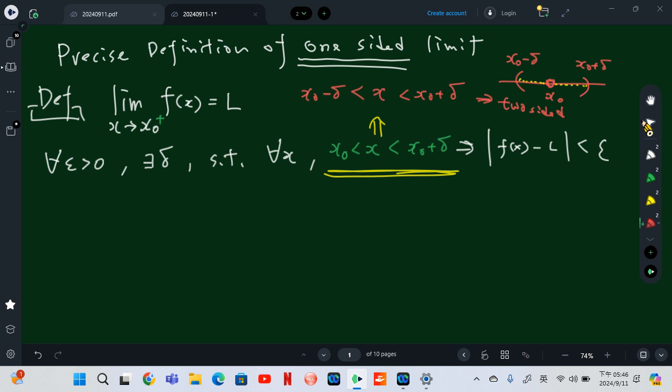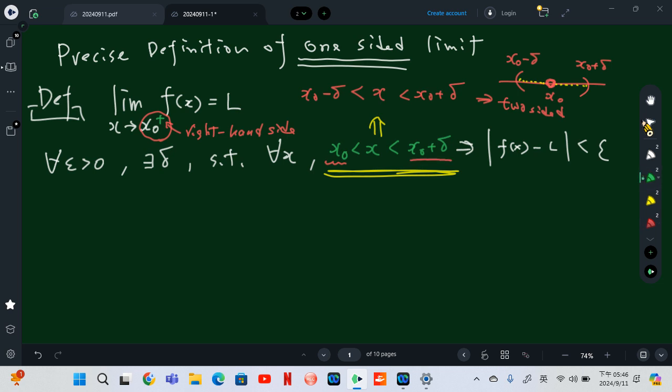Because you can see we not only care about the right-hand side, we also care about the left-hand side. But here, since we just pay attention to x approaching x0 plus, plus means the right-hand side, the x range is, of course, just x0 to x0 plus delta.